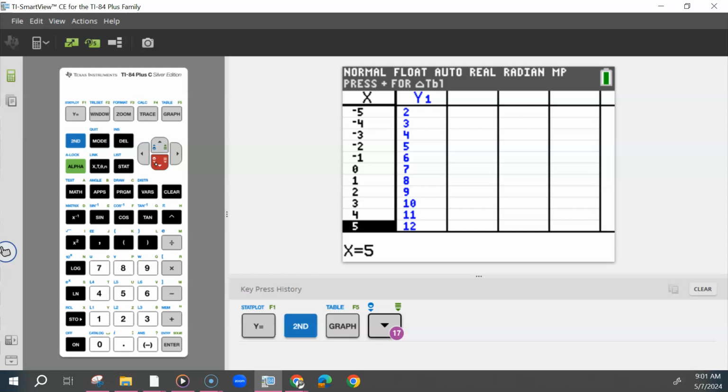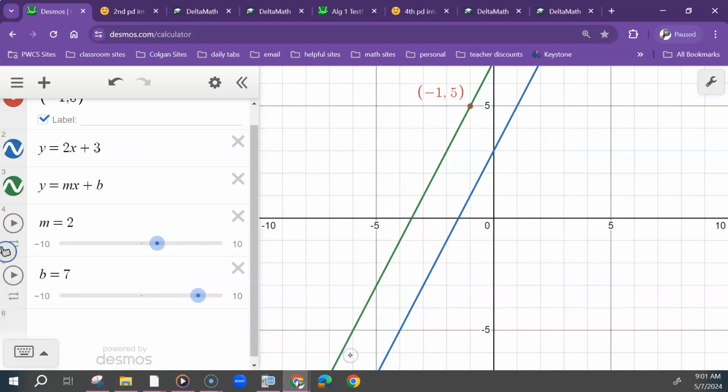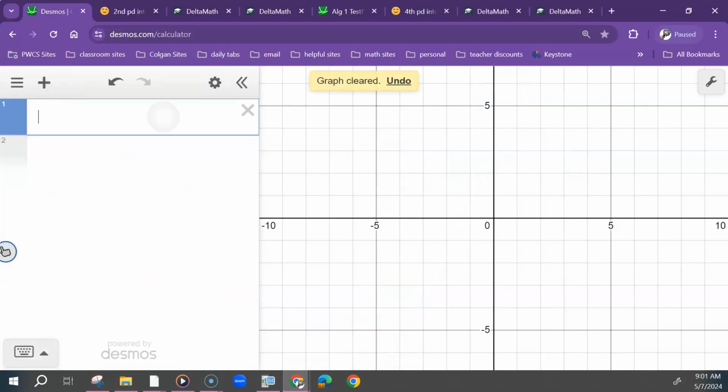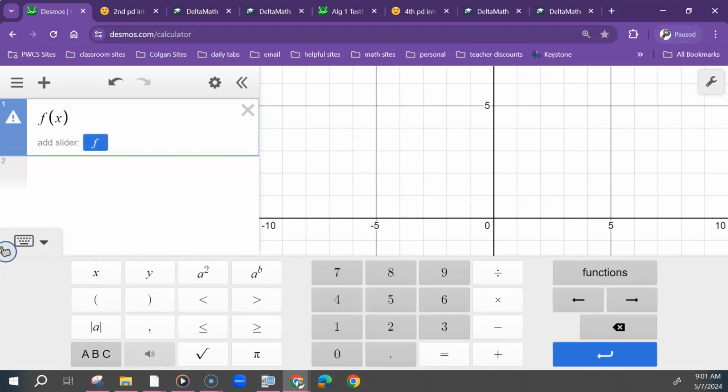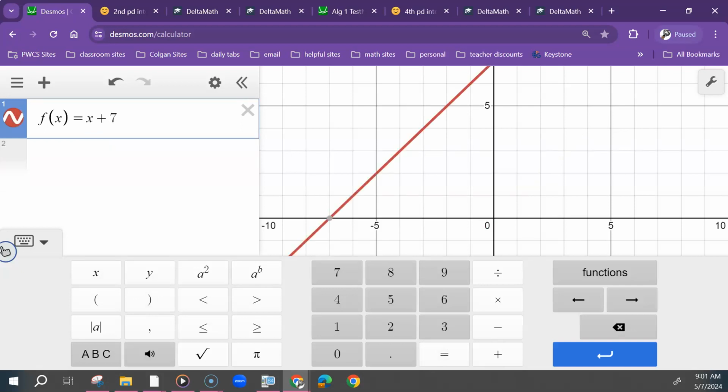You could do the same thing in Desmos. So you could do this one of two ways. You could either type in the f of x. It's going to give you a line. You could look at the line. You could not put the f of x and just put the x plus 7.